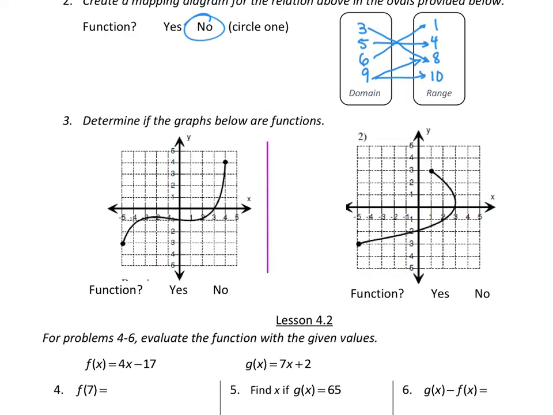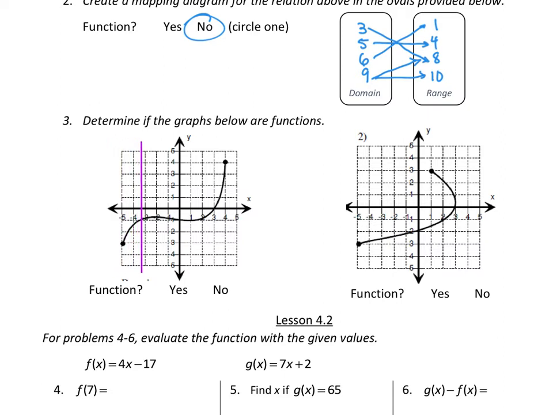Question 3 asks us to determine if a graph is a function from just looking at the graph. And this is where the vertical line test comes in handy. You'll see right here I've got a vertical line that I've already drawn, and I can drag it across my function. And I'm going to be looking at all the places this line intersects my function. So as I drag it along, anywhere, let me try that again.